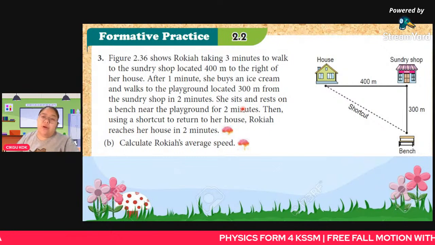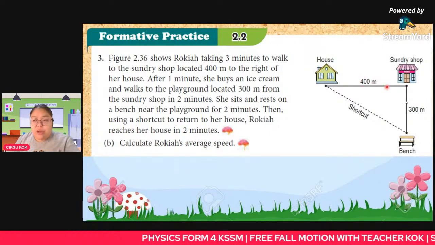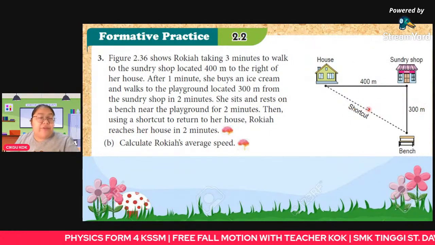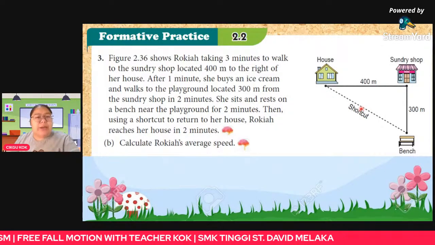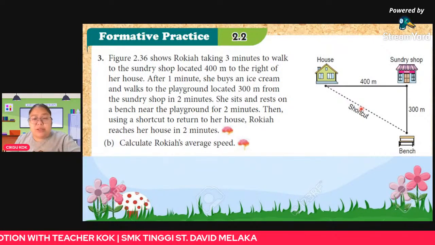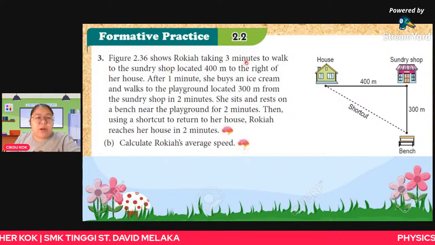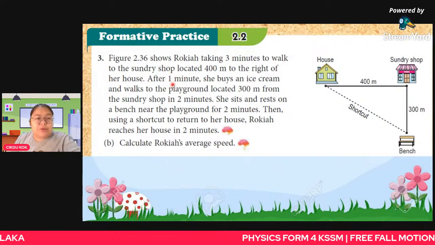From here the distances we know are 400, 300, then this one 500. So overall is 1200 meters. Now the time taken. First they say 3 minutes. Then they buy ice cream for 1 minute, so total is 4.